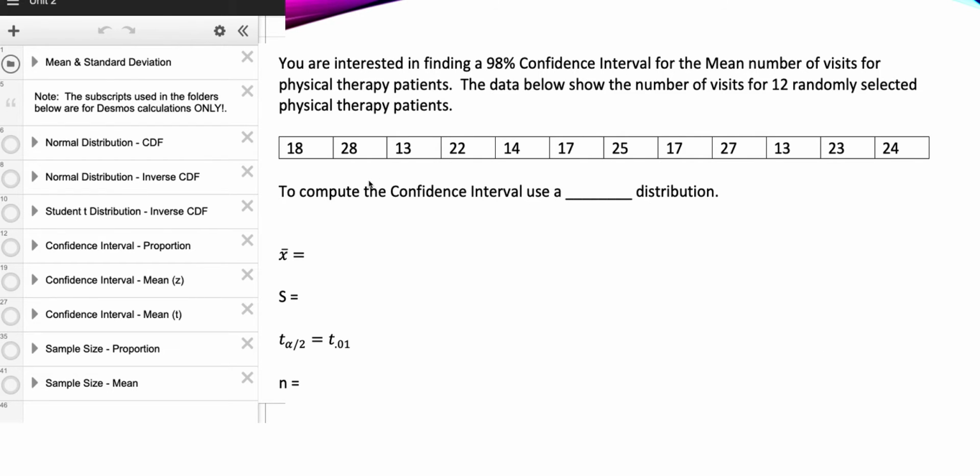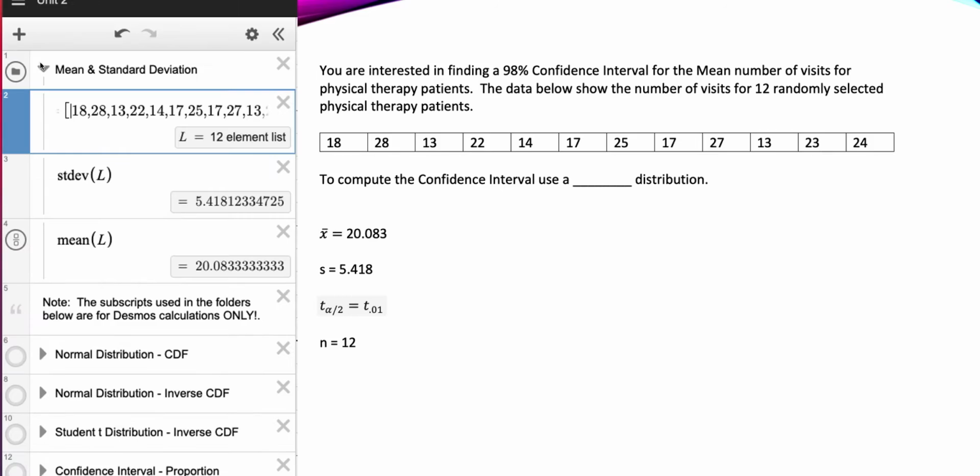When you click on the arrow, you can see that in the calculator, the commands for making a list and the command for standard deviation and mean are preloaded. All you need to do is type in the 12 elements, or the information from the 12 physical therapy patients, and automatically the standard deviation and mean will be computed for you.